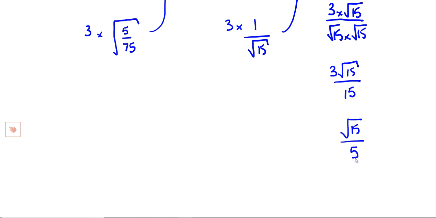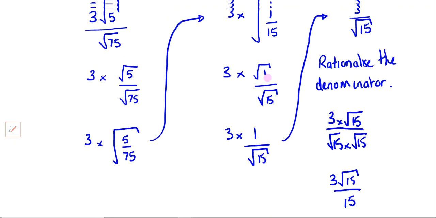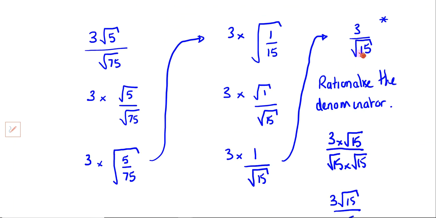So that's what the book's got. Either is fine, it depends what I'm asking you to do. I would say the convention is we don't leave an irrational denominator. Once I've got to this stage here, we are simplified.